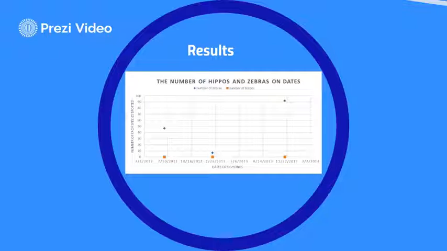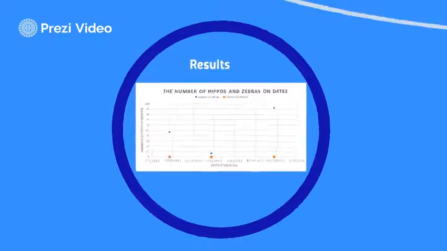On 1/26/2013, there's 1 hippo. On 7/10/2012, there's about 46 zebras. And then on 1/26/2013, we have 8 zebras. And then on 11/22/2013, we have 92 zebras. So on every single date, you can see that we have a higher number of zebras than hippos.